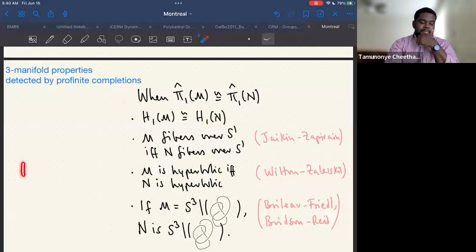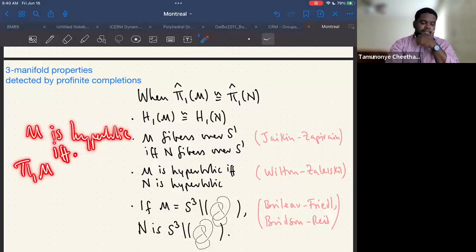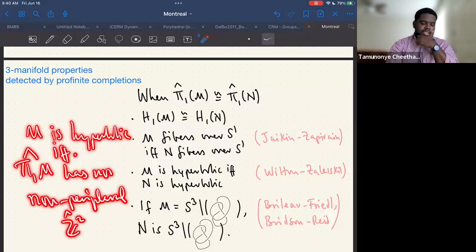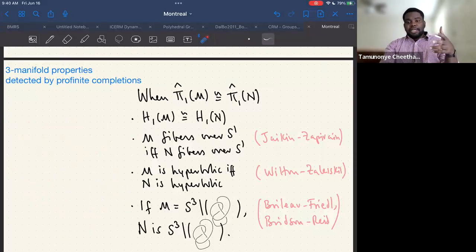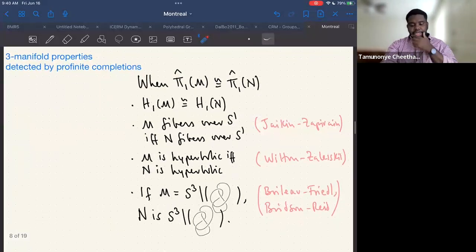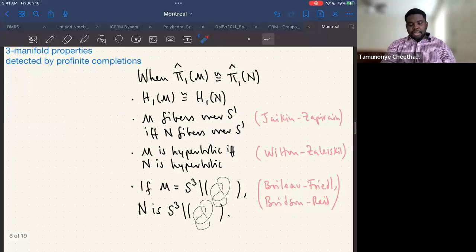It says that pi1 of M is hyperbolic if and only if the profinite completion of pi1 of M has no non-peripheral Z squared hat. And then in one of the early detection results, Boileau-Friedl proved for knots and Bridson-Reid proved for all three manifolds that the complement of the figure 8 knot is determined by its finite quotients among all three manifold groups.